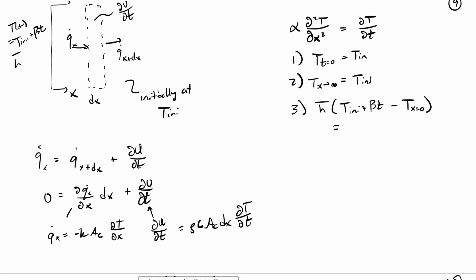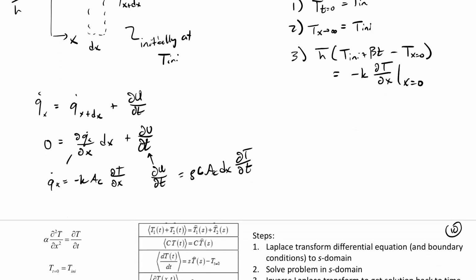That has to equal the conduction, which is minus K partial of T with respect to position X, evaluated at X equals 0. Okay, that's our statement. Everybody see how we got there?